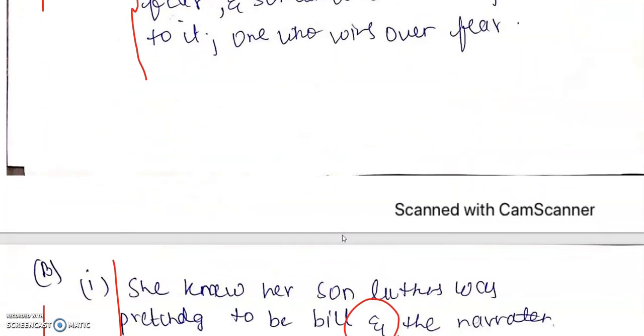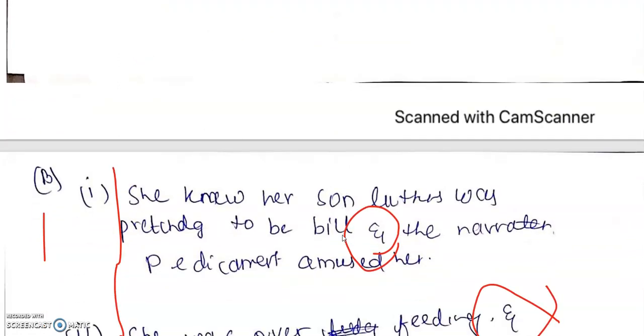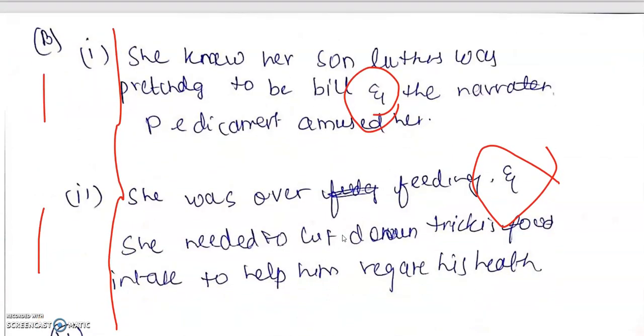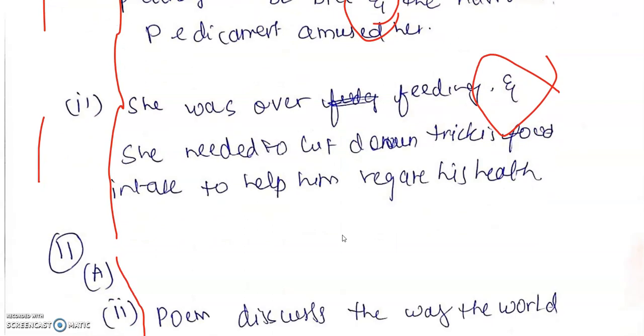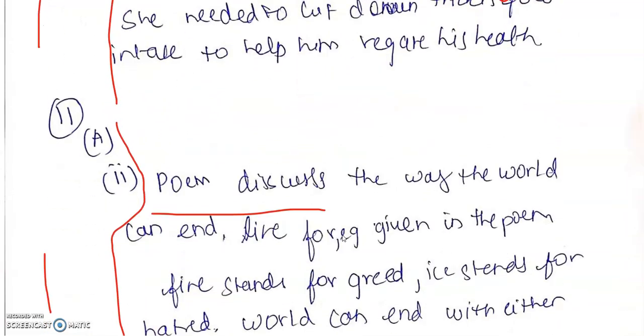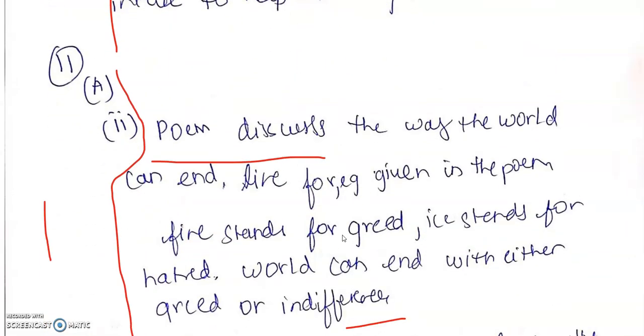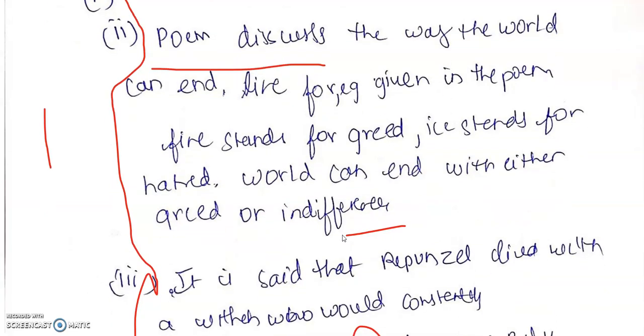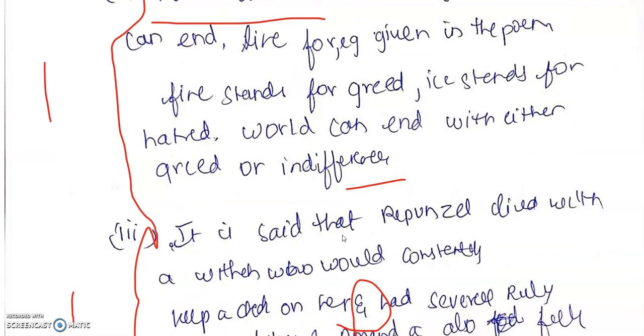If it's a 2 mark question, 1 or 2 words as citations. The symbolic "and" to be avoided. The poem discusses, the poem doesn't discuss. It is the poet who has sketched a picture in the poem. The choice of words is inappropriate.